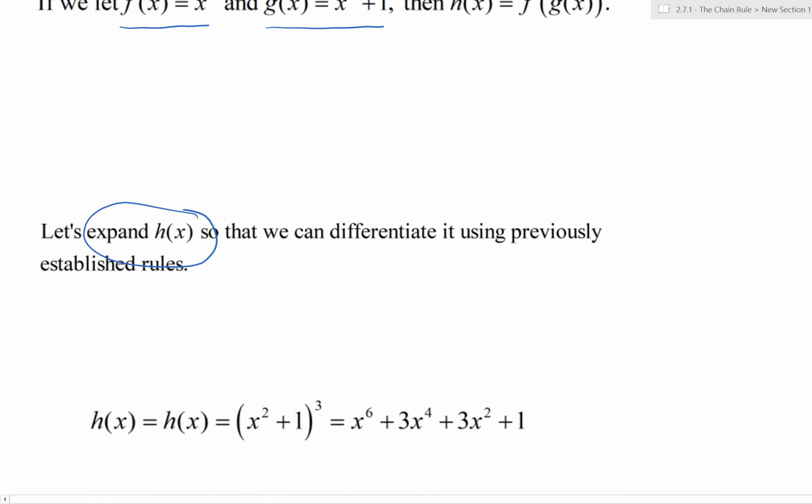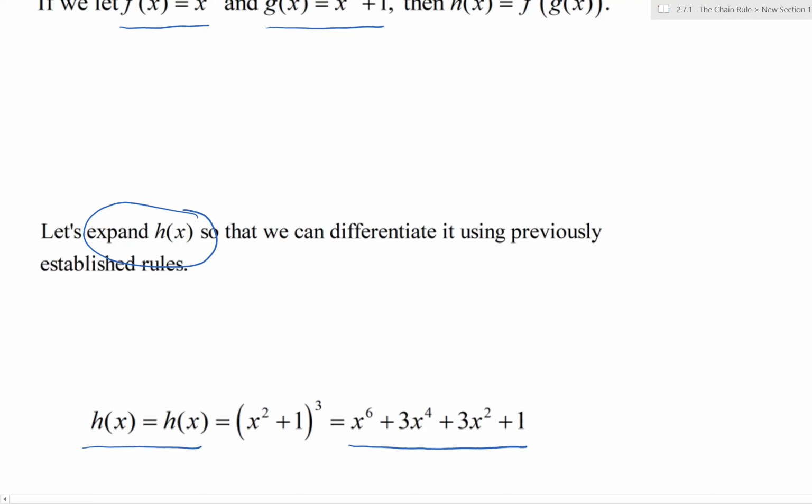So when we multiply the function out, we get this result right here: x to the 6th plus 3x to the 4th plus 3x squared plus 1. That is the exact same thing as our composite function h of x.